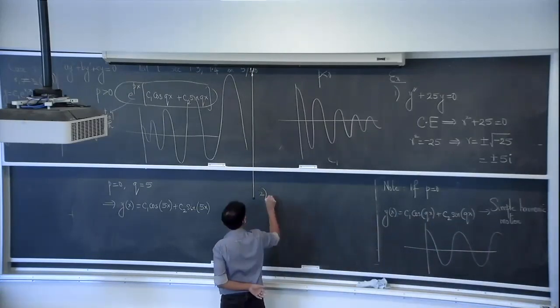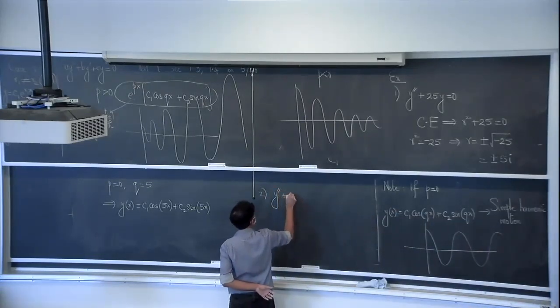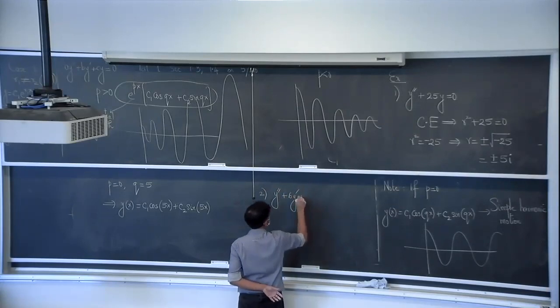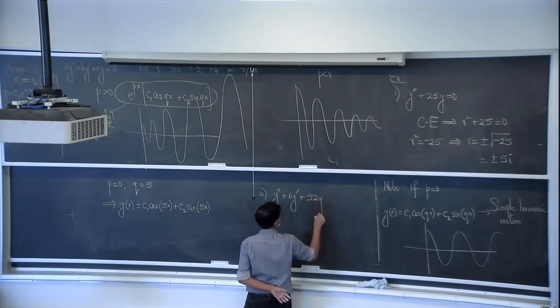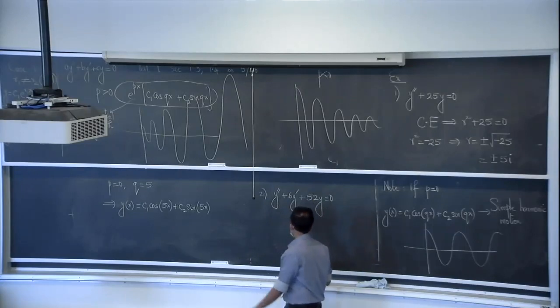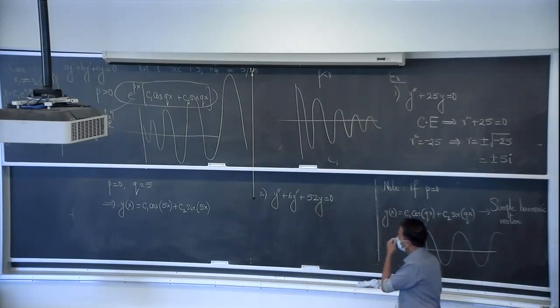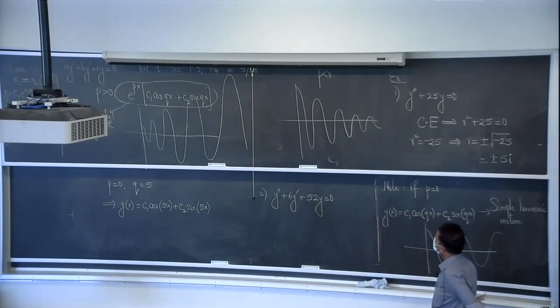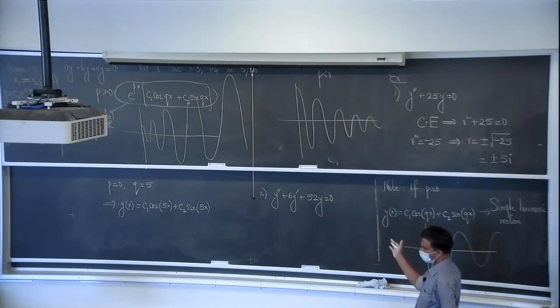This one more, y double prime plus 6y prime plus 52y equal to 0. So this one has all the terms a, b, and c.